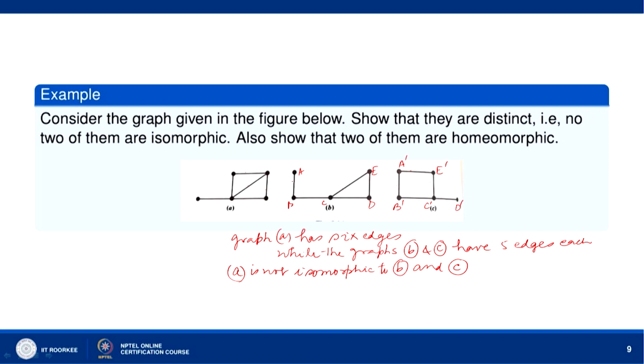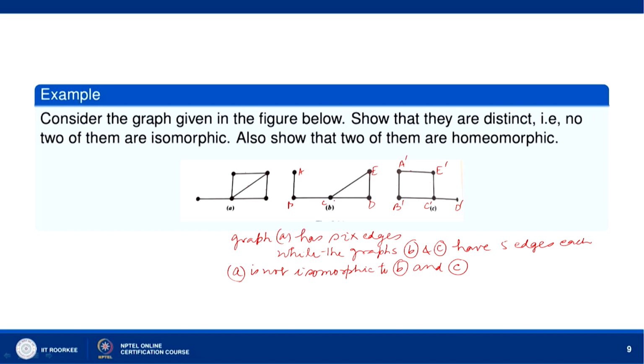Then we can see AB corresponds to A'B' here, BC corresponds to B'C' here, CE corresponds to C'E' here, CD corresponds to C'D', but there is no edge corresponding to the edge ED here. So, if you consider CD goes to C'D', CE goes to C'E', then for ED there is no edge corresponding to ED in the graph C.